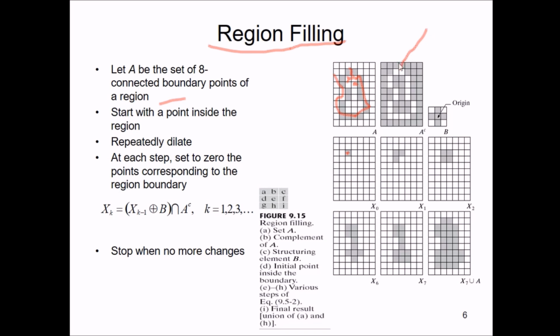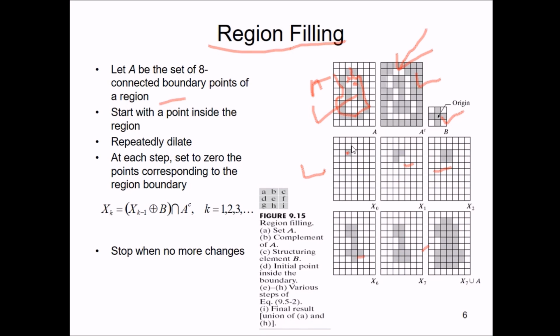And we take the complement of A. This is set A, this is the complement of A, and this C is the structuring element B. This is the initial point inside the boundary where we have to start. From this to this, these are the various steps. What we are using is we repeatedly dilate.